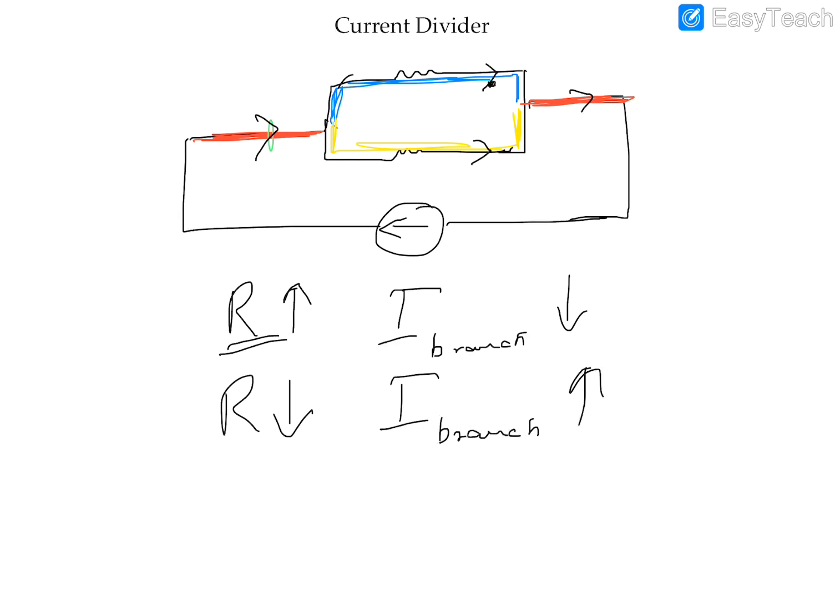If you have more traffic, you're going to have probably fewer vehicles going in that direction, and if you have less traffic, you're going to have more vehicles going in that direction. So something as simple as the traffic analogy can be applied to circuits. It is that simple. All right, so let us see what formula we can use to find the current flowing in our branches.